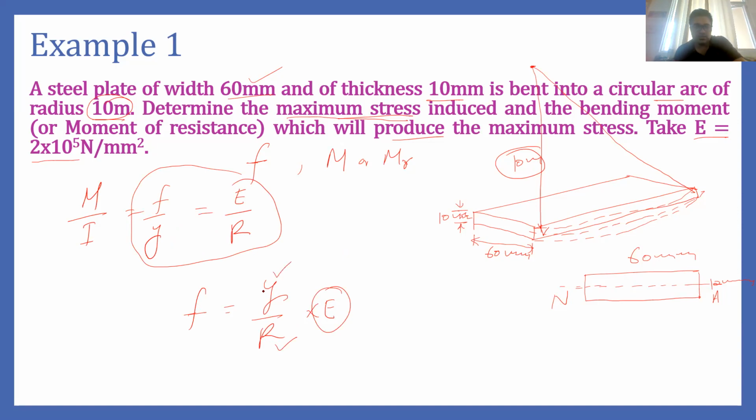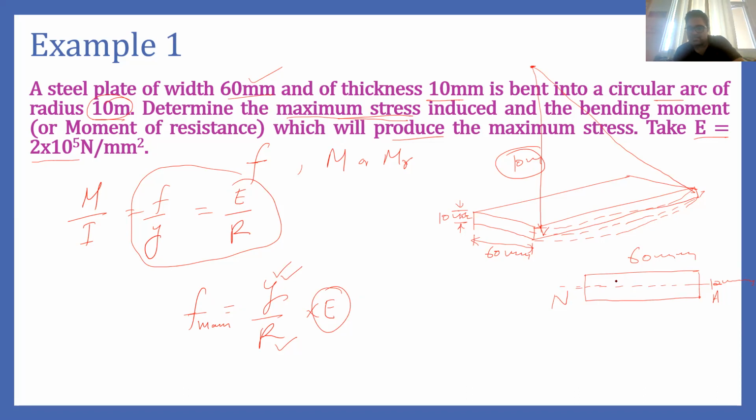Now, what is Y? Because we are asked to calculate maximum stress, which means we have to find out F max. And F max, you can see here, it is directly proportional to the value of Y. So F max will be maximum when the Y will be maximum. And we know that Y is the distance between the neutral axis and the point where we have to find out the stress.